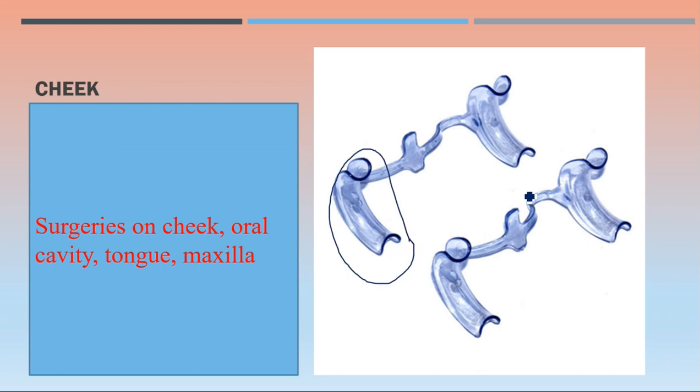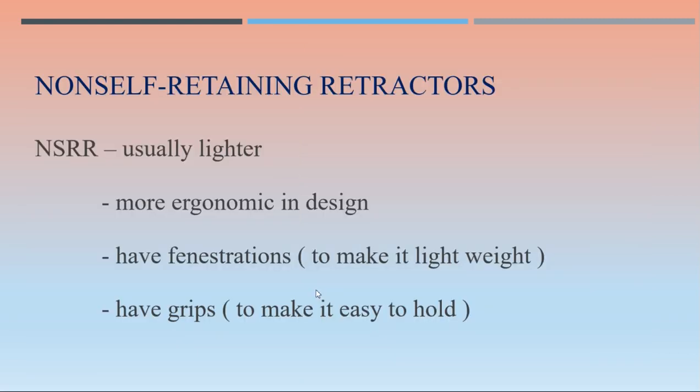These are placed very comfortably in the vestibule, between the vestibule area and the lip area, and accordingly these cheek retractors can be used for surgeries on the cheek, oral cavity, tongue or maxilla. Cheek retractors, right? So these were examples of self-retaining.